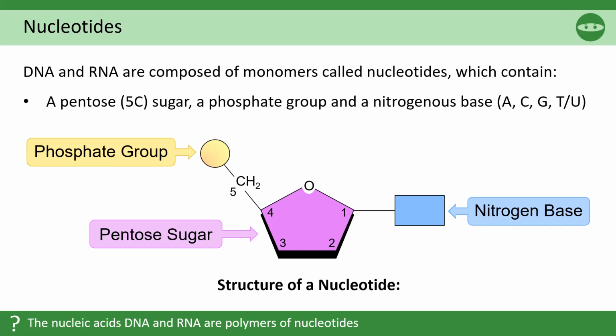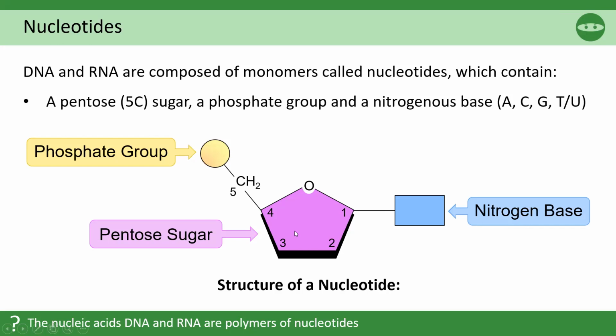These nucleotides have a phosphate group, a sugar, and a nitrogenous base. This nitrogenous base could be one of five types: adenine, cytosine, guanine, thymine, or uracil.